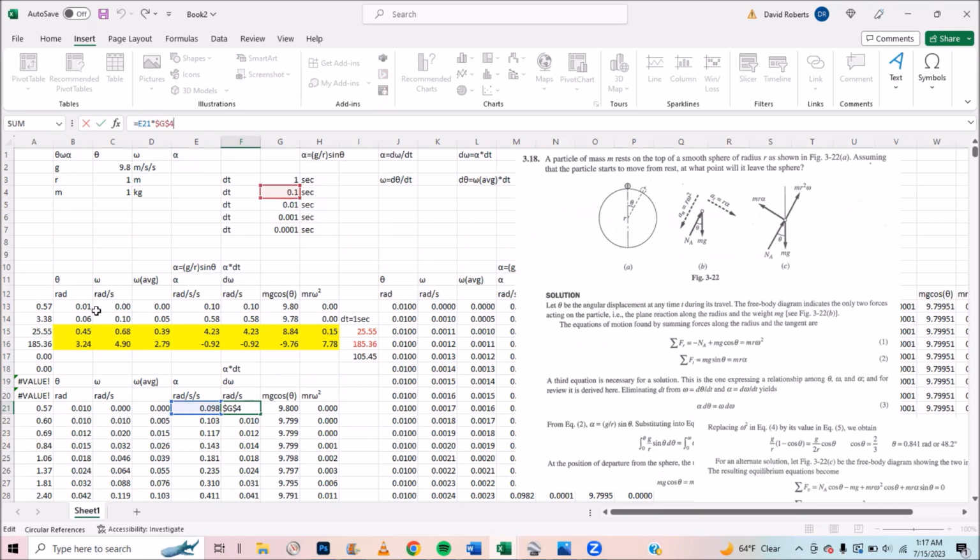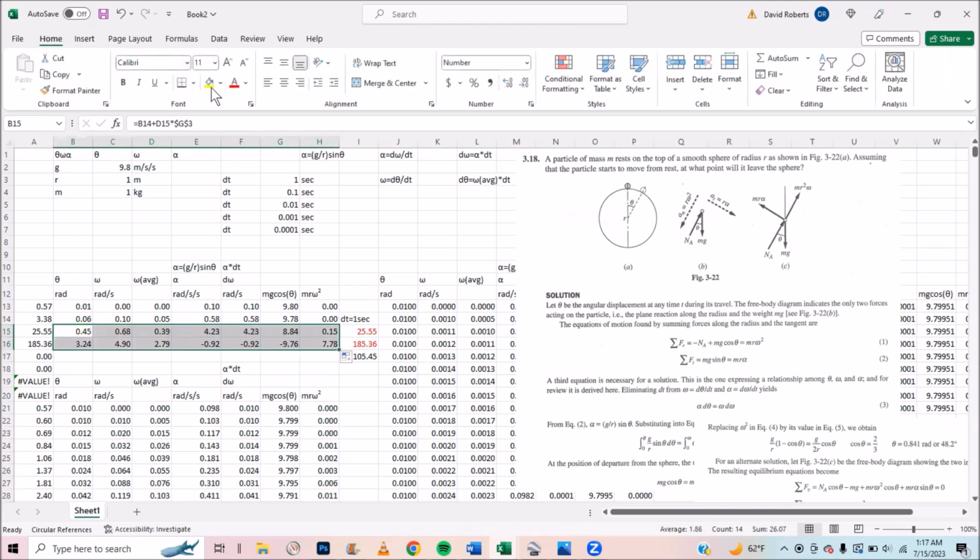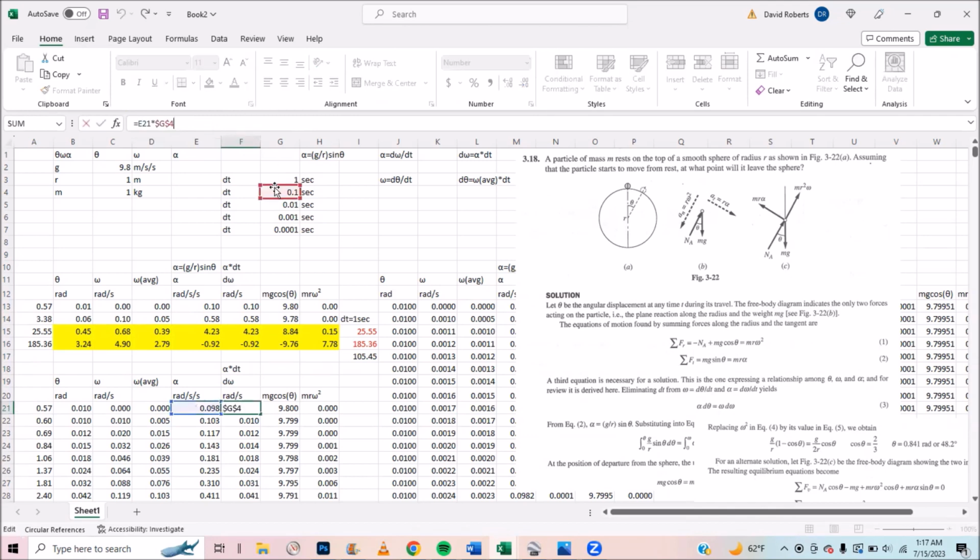And the other thing I should say, once you get this, then you can just take these and bring it down, and then it puts them all in there. And I don't know why I got rid of that. But anyway, so here you go. So we do another one, but we use the change in time to be 0.1 second.